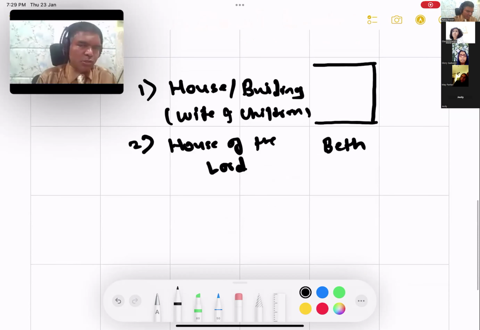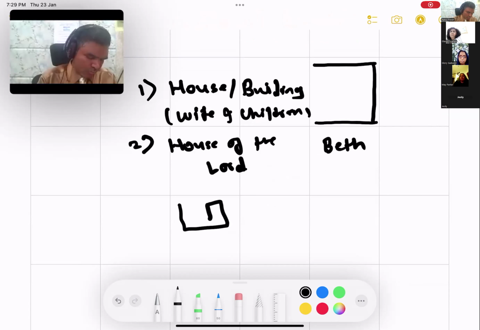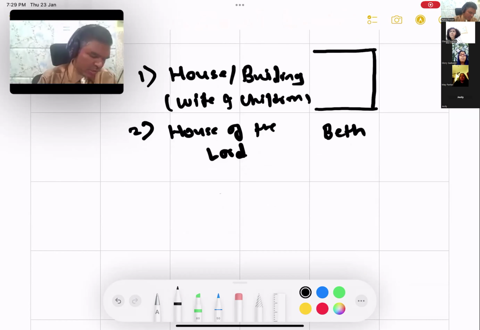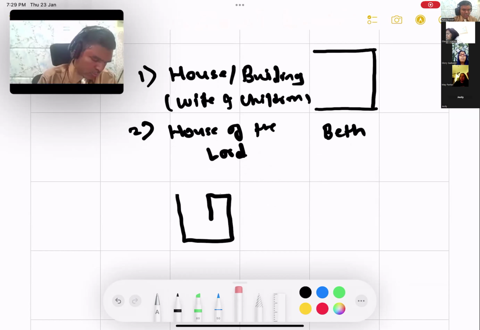During ancient time, this Beth was written like this. I'll write in full square script so that you will understand. In ancient time, it was written like this. Beth.